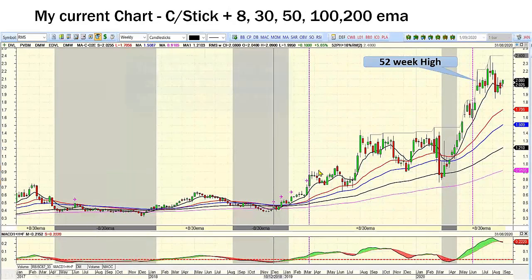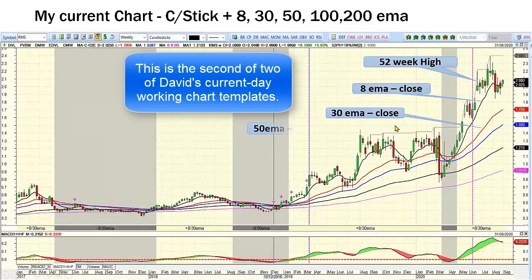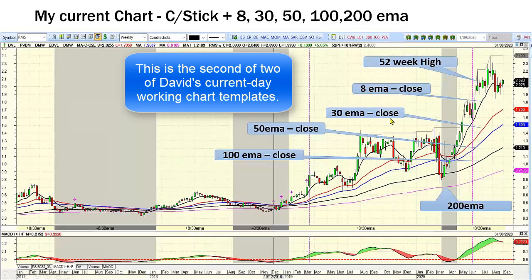Now this is probably the last chart, and these two charts are the ones I now use. I've lightened this up a bit more. It's not quite as yellow. It looks a bit yellow to me, and I'd almost just make it white. So once again, we have a 52-week high, an 8 EMA close, 30 EMA close, 50 EMA close, 100, 200.